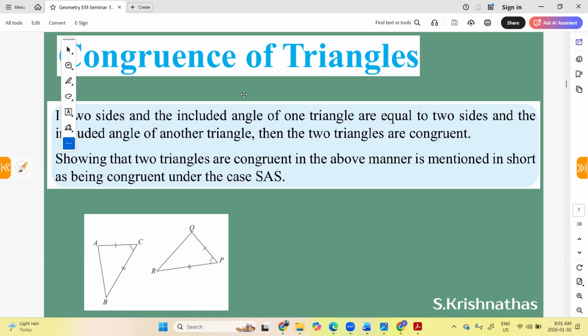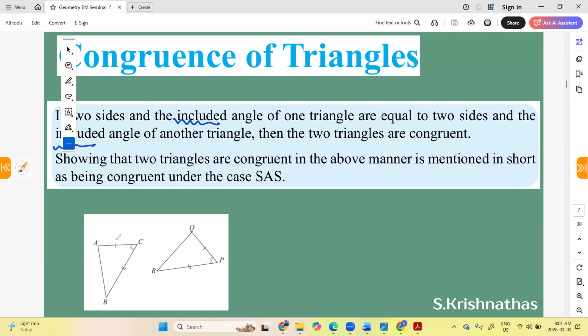Right, students, listen. If two sides and the included angle of a triangle are equal to two sides and the included angle of another triangle, here, students, the included angle is important. Okay, included angle is important for you, right?